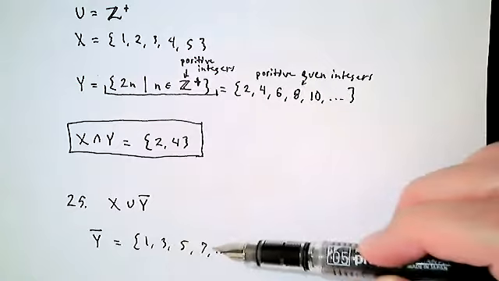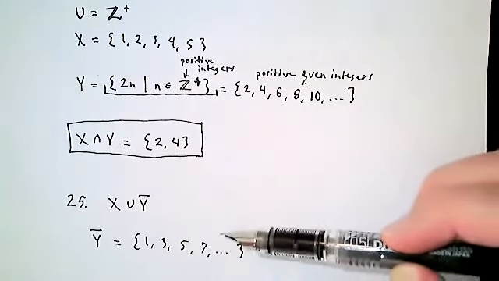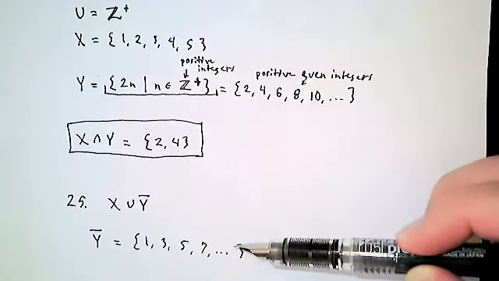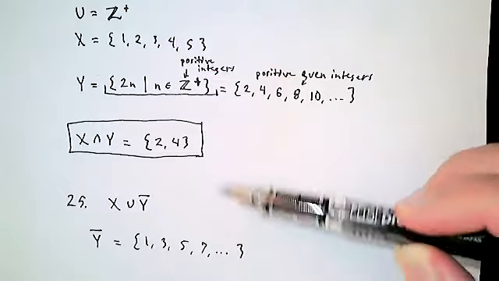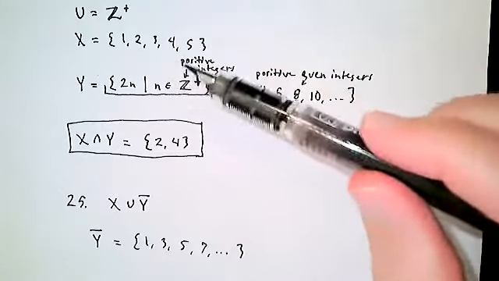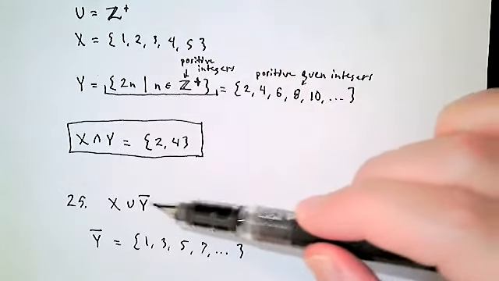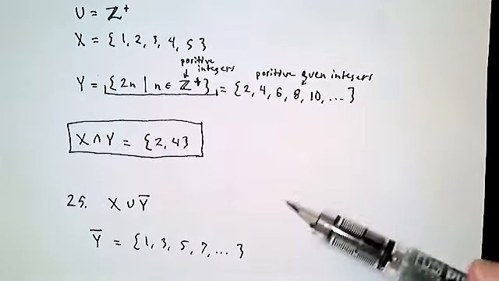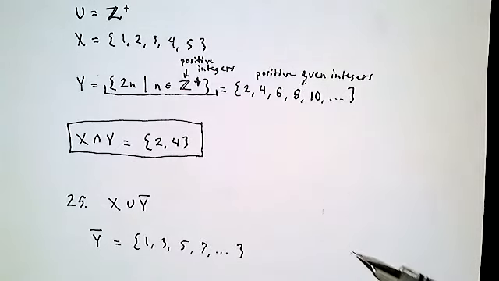So 1, 3, 5, 7, and looking at these numbers, you can see what the pattern is. You know the next one should be 9. So if you write down the first few elements in this, and then a few more, and then a few dots so that I can see what the pattern is, that'll be perfectly fine.